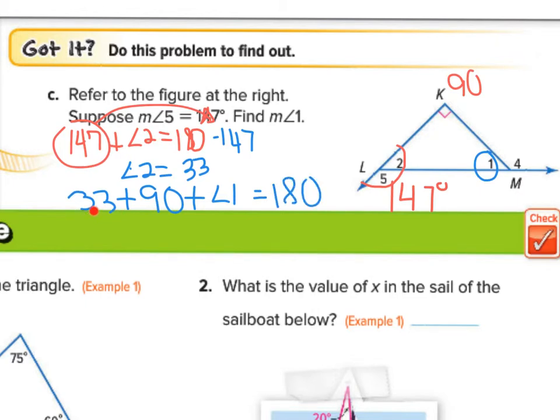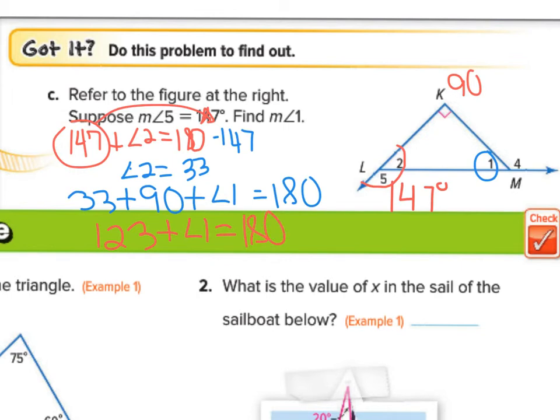So if I have that, I can go ahead now and solve for measure of angle 1. I will collect my like terms first. I have 123 right here. 123 plus measure of angle 1 equals 180.